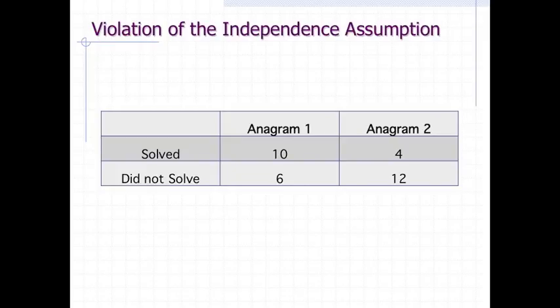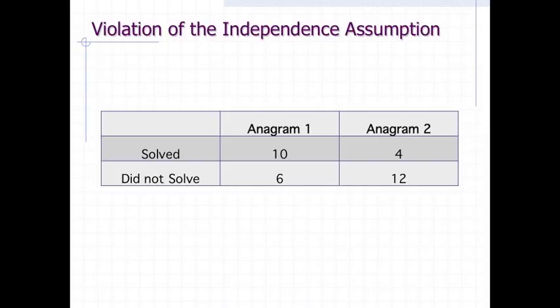Consider an experiment in which each of 16 subjects attempted two anagram problems. It would not be valid to use the chi-square test on these data since each subject contributed data to two cells: one cell based on their performance on anagram 1 and one cell based on their performance on anagram 2.